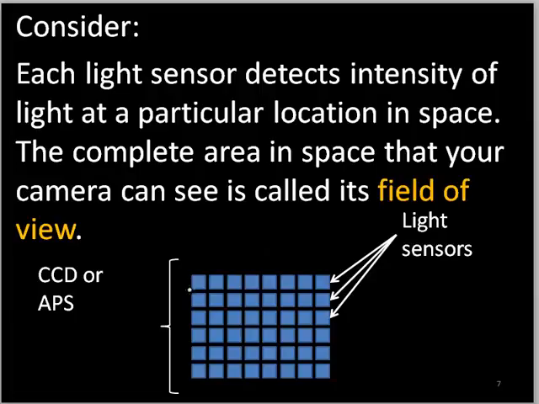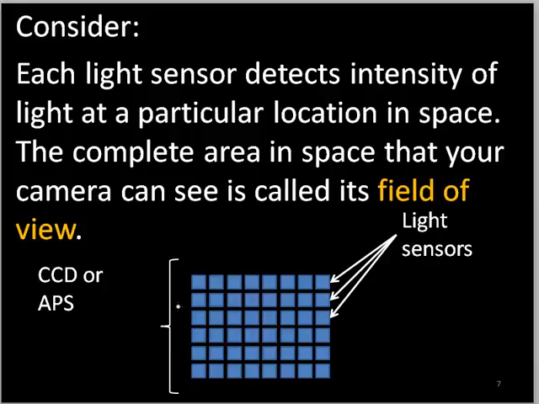Now, each one of these individual sensors detects intensity of light at a particular location in space. The complete area in space that your camera can see is called its field of view. So, for example, if your camera is focused on a 3 meters by 2 meters square of scene, then your field of view is 3 meters by 2 meters.